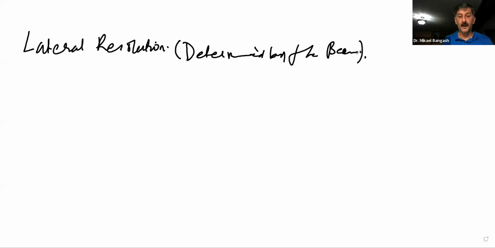Just like for your axial resolution, if you didn't understand your pulse or your spatial pulse length, it was a little difficult to understand.